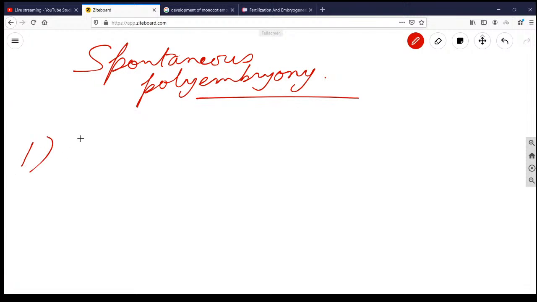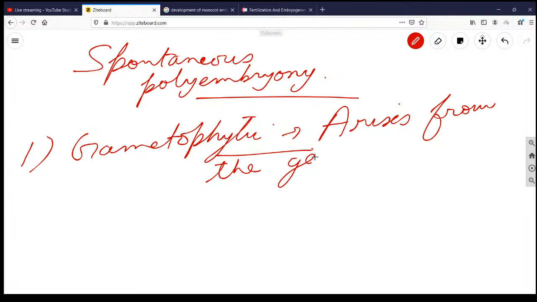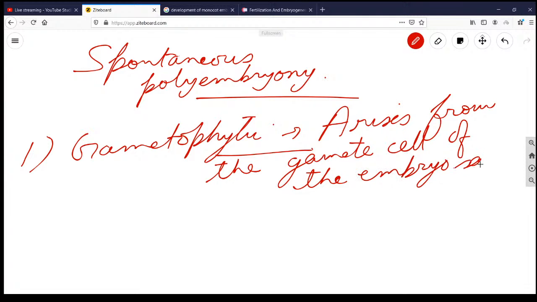Now, if you talk about the gametophytic one, gametophytic is all what we have already talked about. It arises from the gamete cell of the embryo sac. Two is the sporophytic.